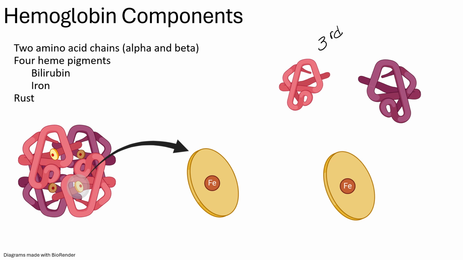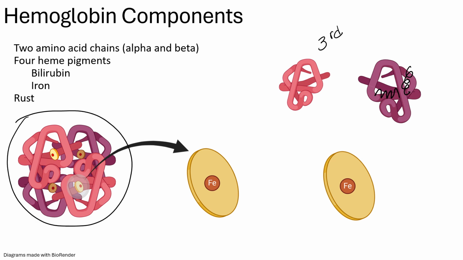The pictures that you see here are abbreviations of the tertiary structure because we know that it's made up of tons of little alpha helices and maybe some beta pleated sheets. When we take these two alpha chains and two beta chains and put them together, we start to see the final shape of hemoglobin.